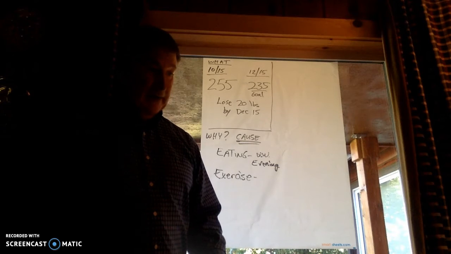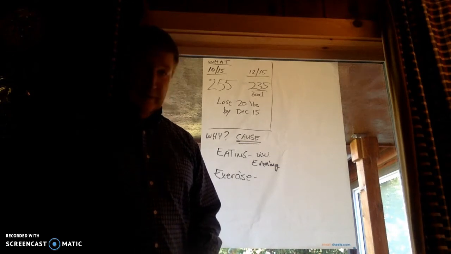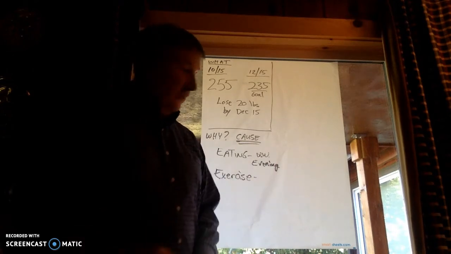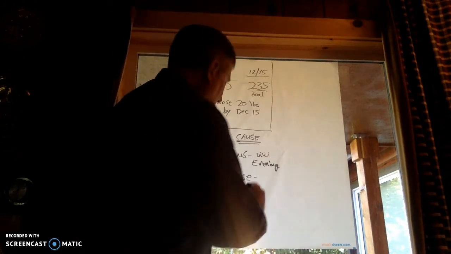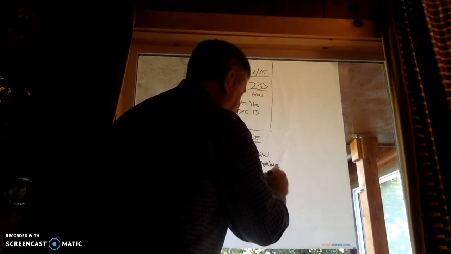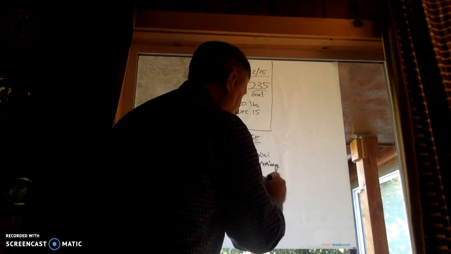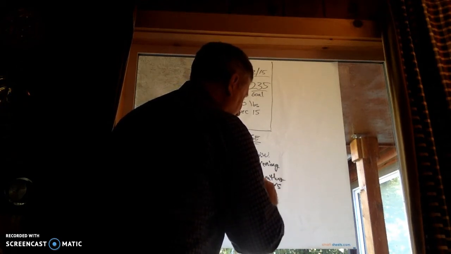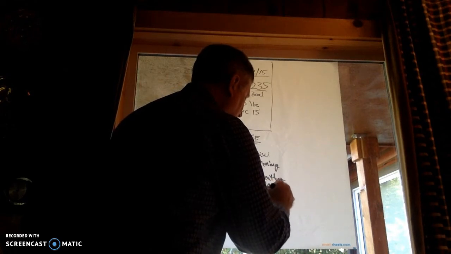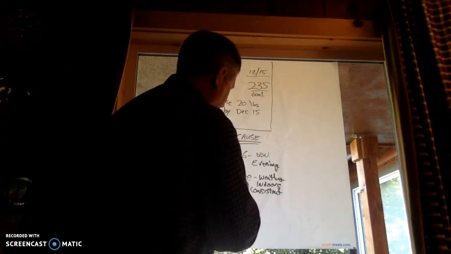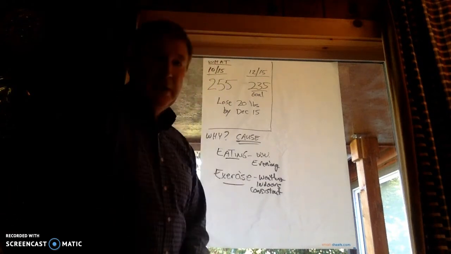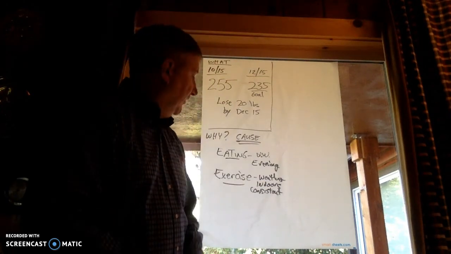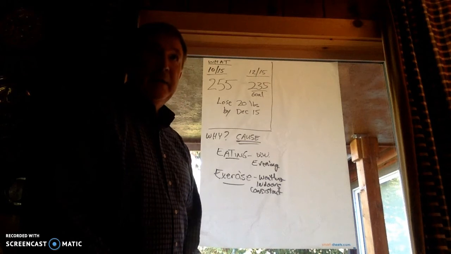So I need some kind of indoor exercise, different than walking around, something indoors and some way of being more consistent are all things that I'm going to have to overcome. They're some of the causes.